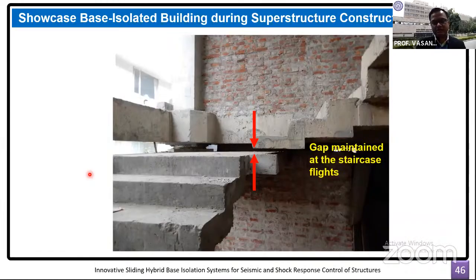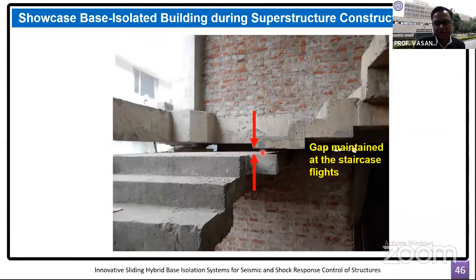Obviously, the superstructure should be completely isolated from the substructure below the bearing. So we had to provide gaps at different locations. Here you are seeing the gap maintained at the staircase flight. This flight will be able to move relative to the flight in this direction here.